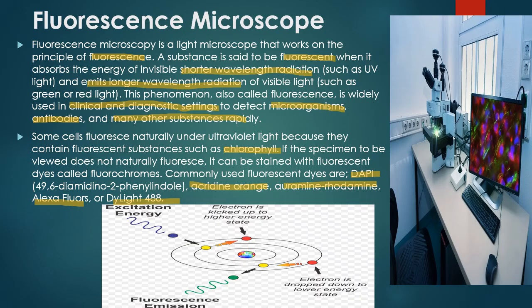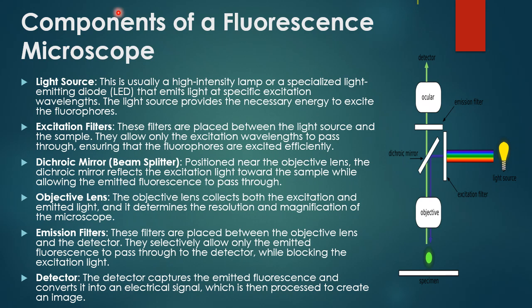Next are the components of the fluorescence microscope. As you can see in the picture, these are the components. The first thing you need to know is that the specimen we are using is tagged with a fluorescent dye.